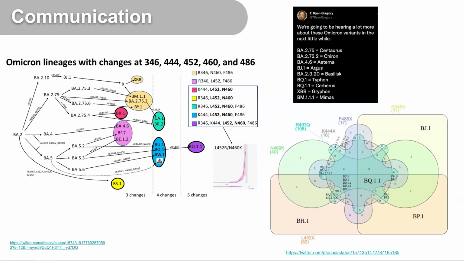Okay, this is the slide I'm going to use to razz everybody a little bit. I can't have a visualization talk without having bad visualizations, like this overly complicated Venn diagram. And then also there were people reassigning these lineage names to Greek mythology at one point. Again, I think for communication purposes, right?